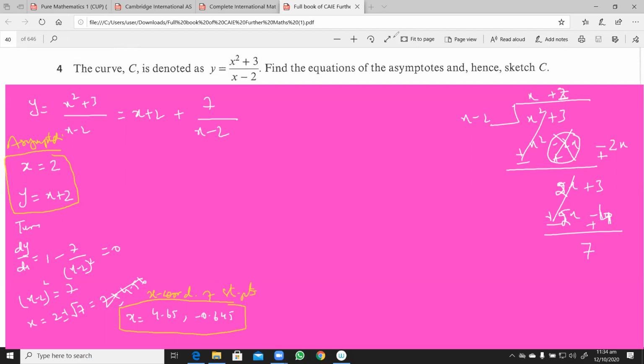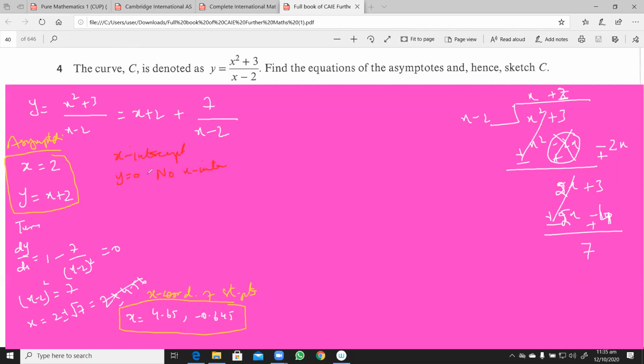And now let's see if we have those x intercepts. For the x intercept, I'll be putting y equal to 0. Do I get any x intercept? No, there is no x intercept, okay?